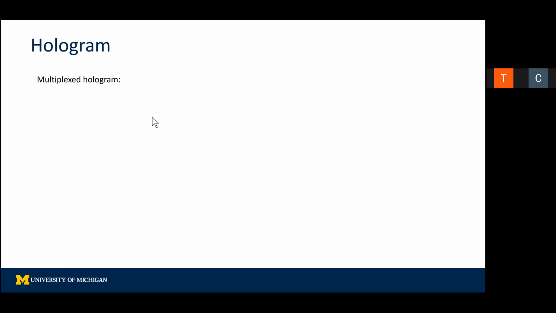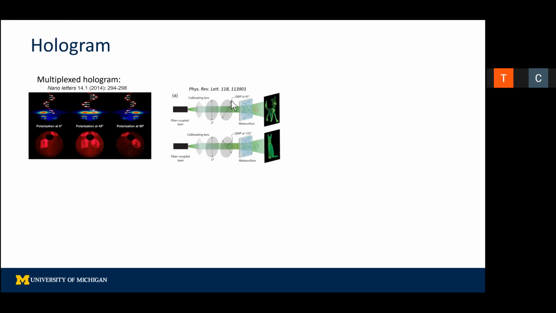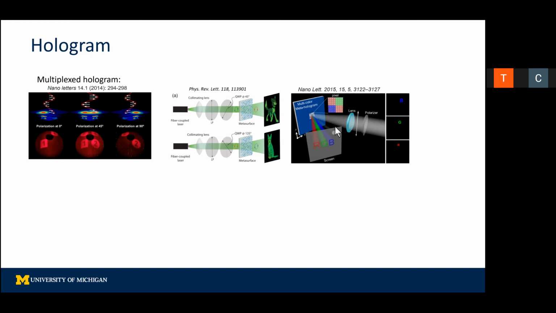Some other things people can do is the multiplexed hologram, which means that in one figure I can generate multiple holograms, and if the light is incident in different conditions, like different polarizations, they will show different images. Or with different helicity, which means left or right circularly polarized, you will still see different images, or a wavelength multiplexed hologram.